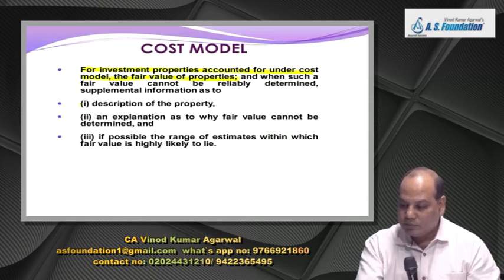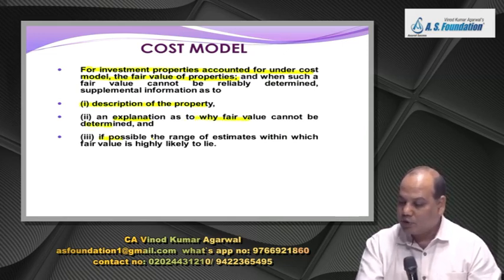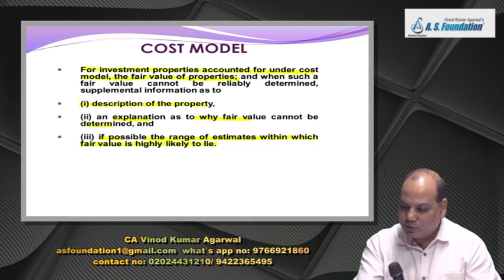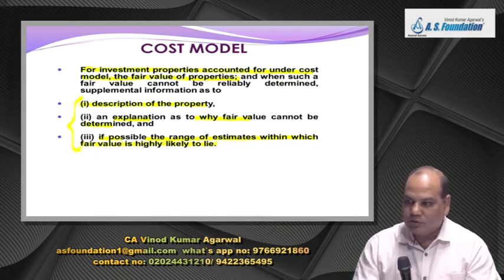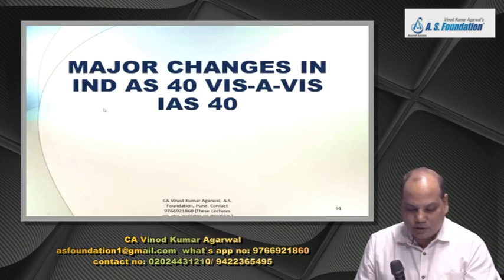For example, description of the property, explanation why fair value cannot be determined, and third, if possible, the range of estimates within which the fair value is highly likely to be. Okay, the same thing was mentioned in the fair value model also. So this disclosure requirement is very long.